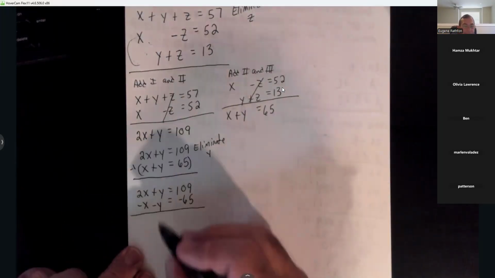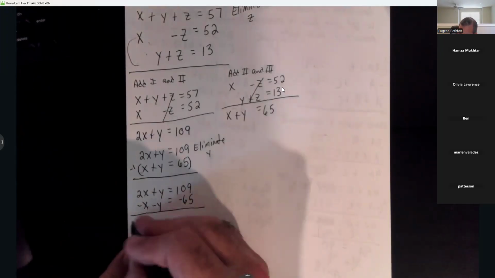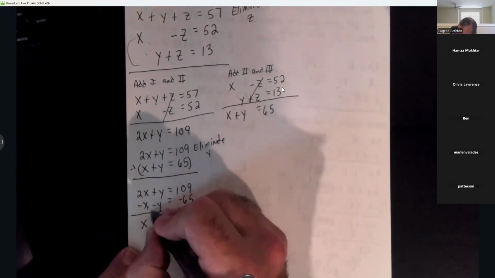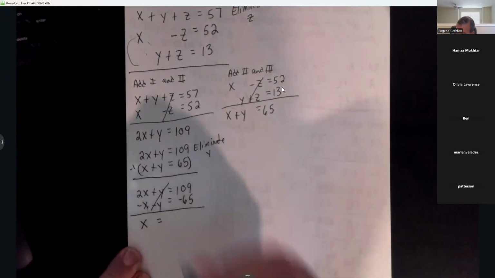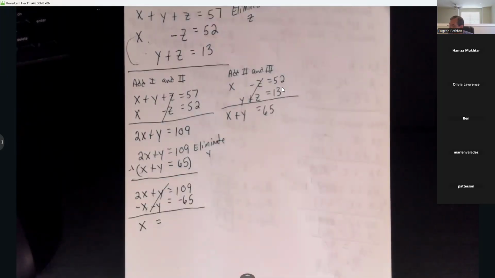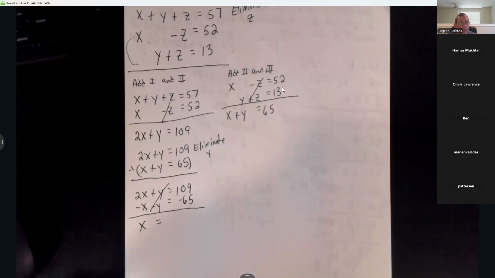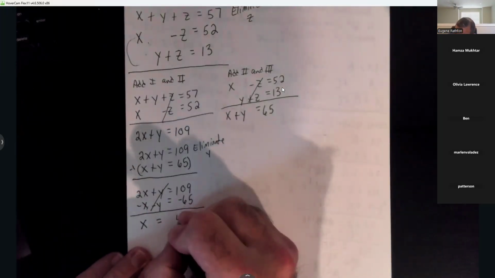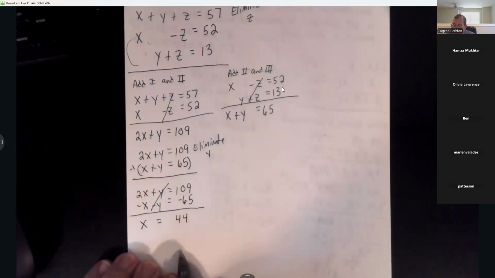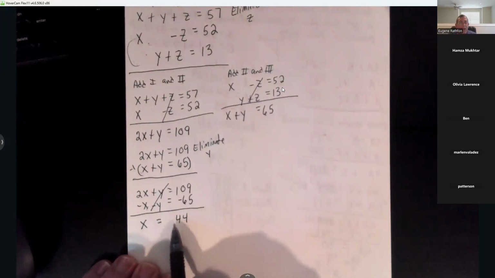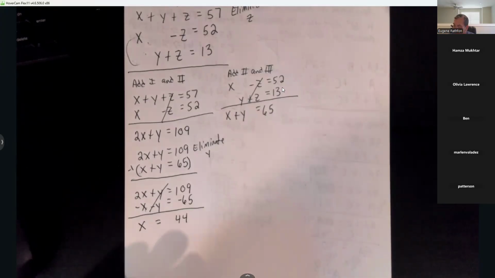Oh, y'all, watch this one. 2x's minus x leaves me 1x. The y's canceled. 109 minus 65 is 44. So since x was my largest number, I know my largest number is now 44.